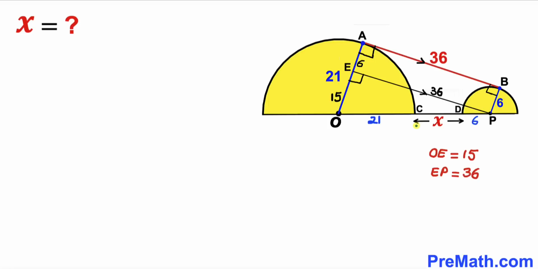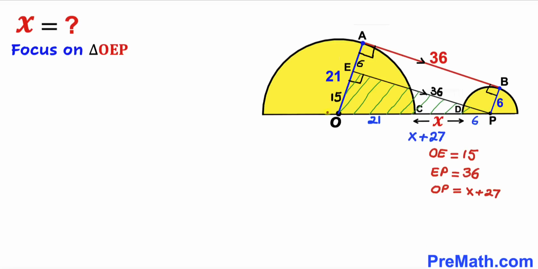And moreover, we know that this distance CD is x, so therefore this whole distance OP is going to be the sum of these individual lengths, 21 plus x plus 6, so that would come out to be x plus 27.